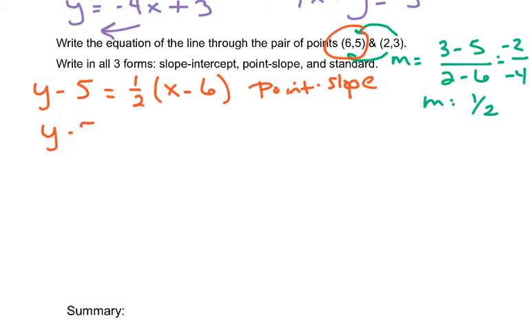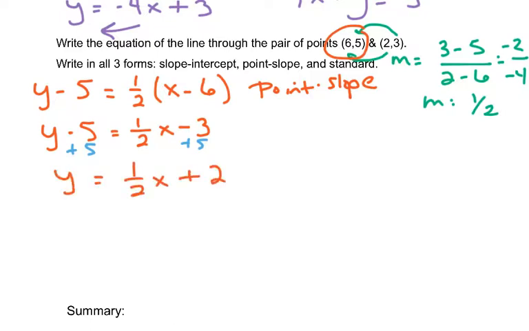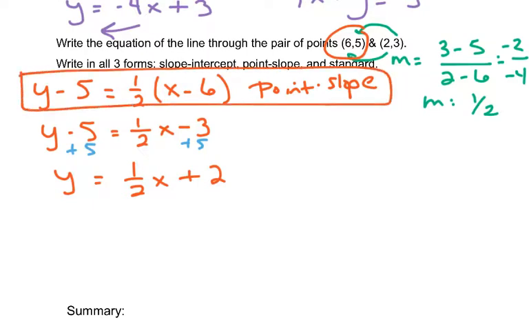So y minus 5, distributing our 1/2, we get 1/2 x. 1/2 times -6 is -3. And then we can add the 5 over, and we end up with y equals 1/2 x plus 2. So this one was point-slope. This is going to be slope-intercept.